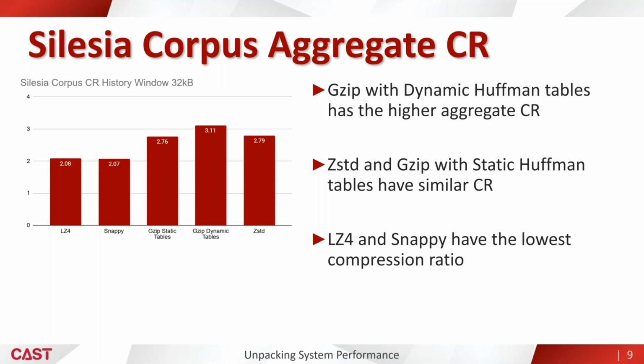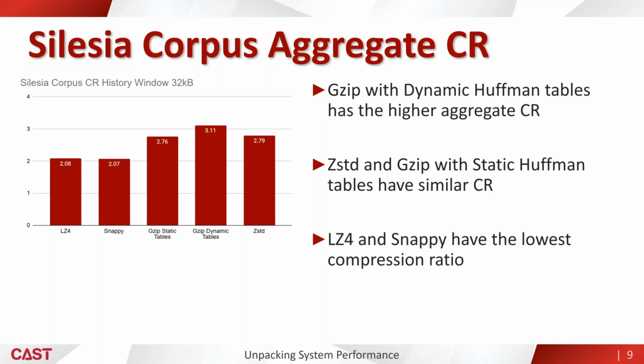And as we will discuss in the following slides, the history window will have a high cost in the hardware implementation. So here is what we found out. The GZIP algorithm with dynamic Huffman tables has the highest aggregate compression ratio for the Silesia corpus. Zstd and GZIP with static Huffman tables have similar compression ratios and come second.